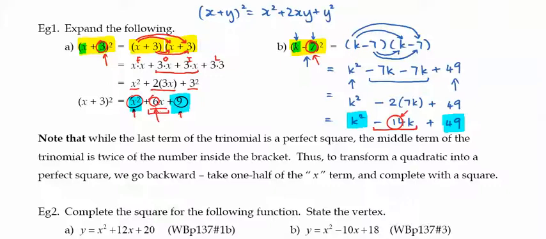So in order to go backward and do the reverse, I can start with this middle term, and knowing how this middle term is twice as much as what you would see in this bracket, I can then come up with the number that will give us the perfect square inside the bracket, that means the number that will create this perfect square at the end.